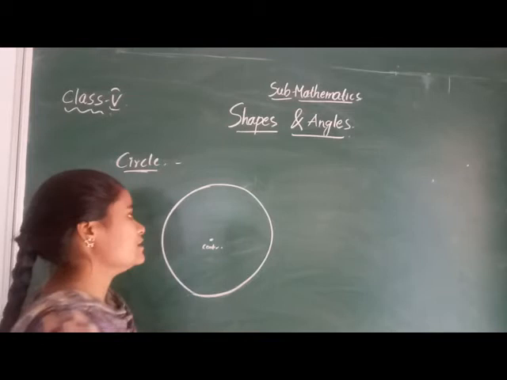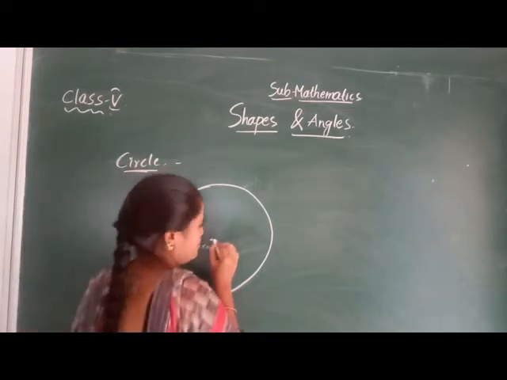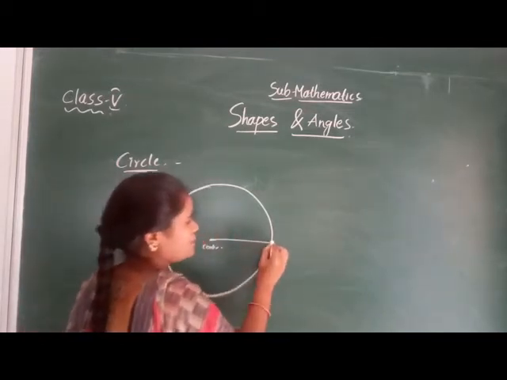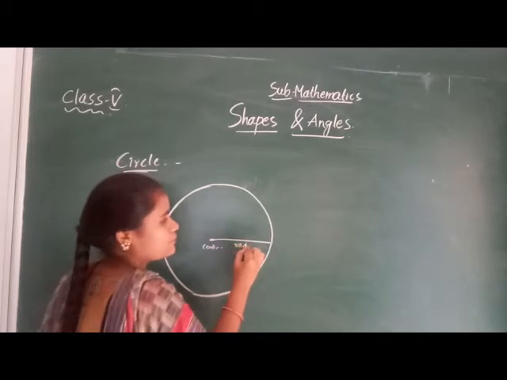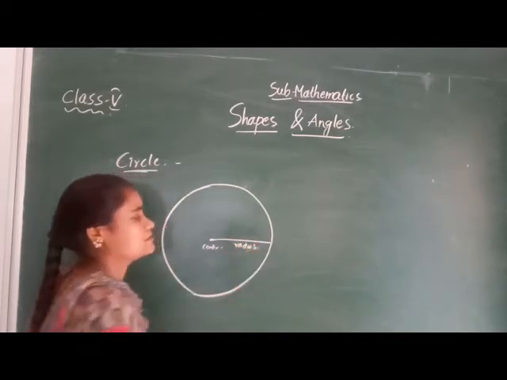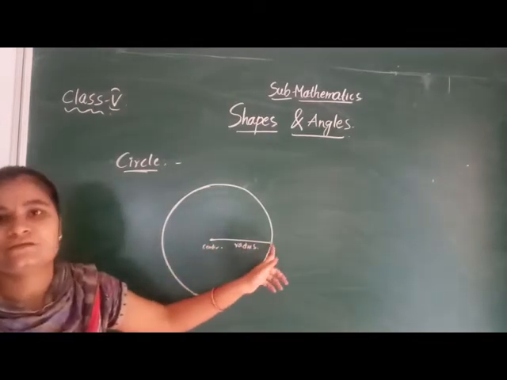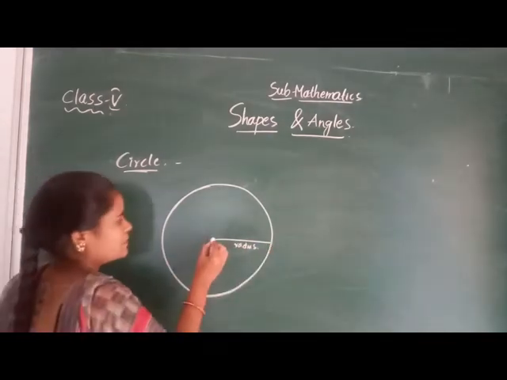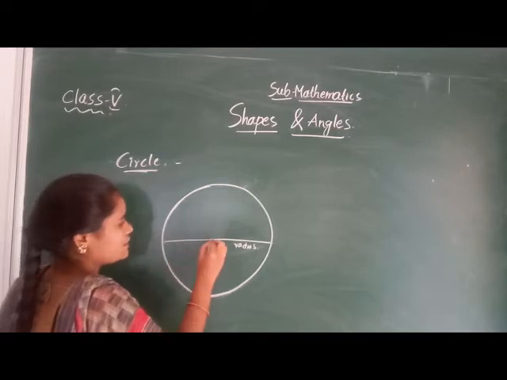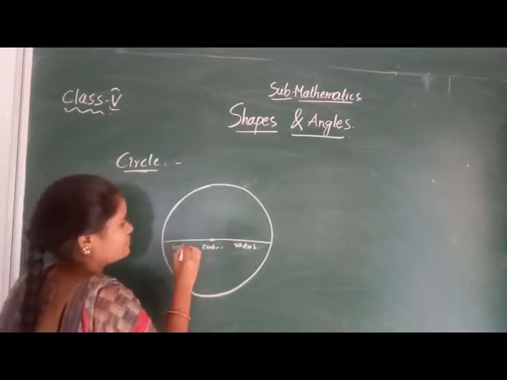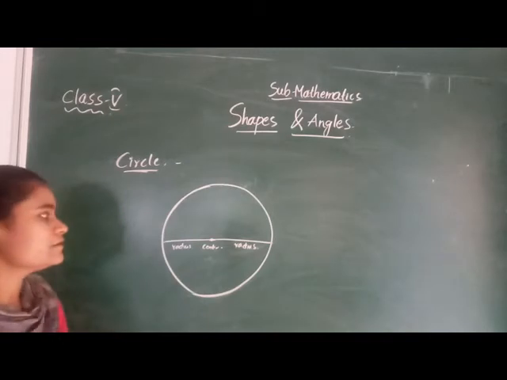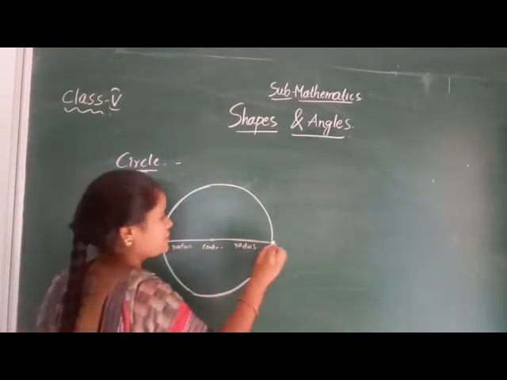The line from the center that meets the boundary is called the radius. From center to the boundary. From here to here, this one is also a radius. Okay. This total is the diameter.